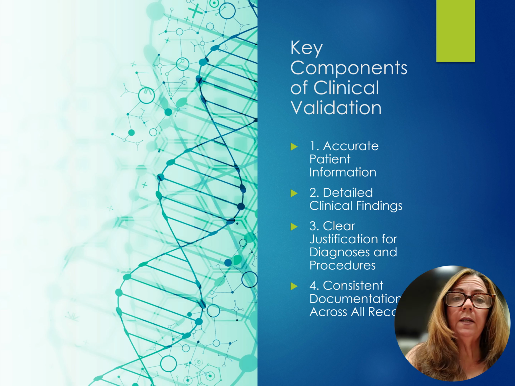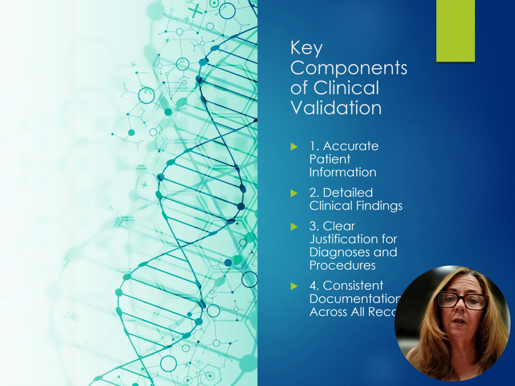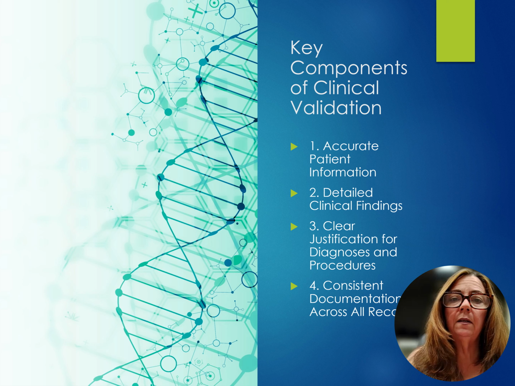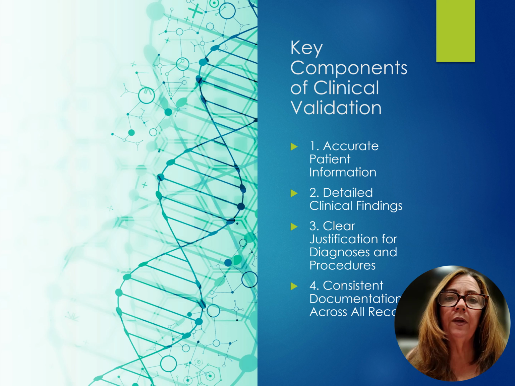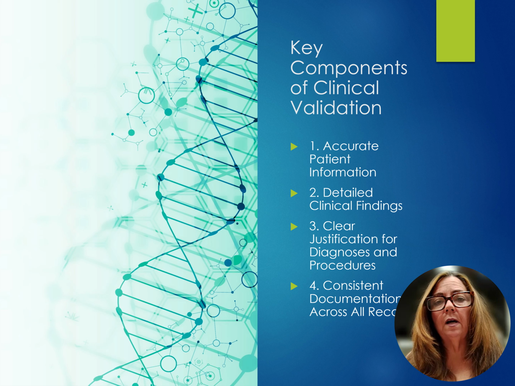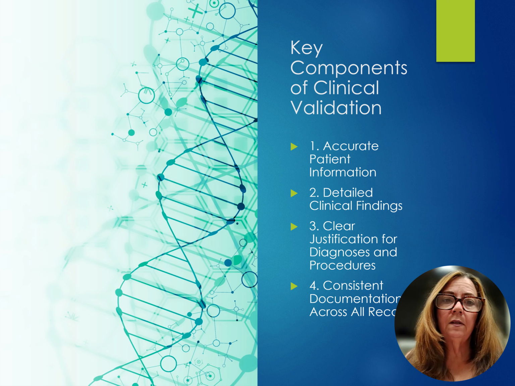So in more detail, we'll look at accurate patient information. The first step is to ensure that all patient information is accurate and up to date, including demographic information, medical history, allergies, and current medications. Accurate patient information provides the foundation for all subsequent documentation. Also, detailed clinical findings should be documented to provide a clear picture of the patient's condition.